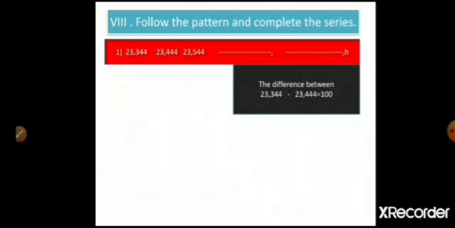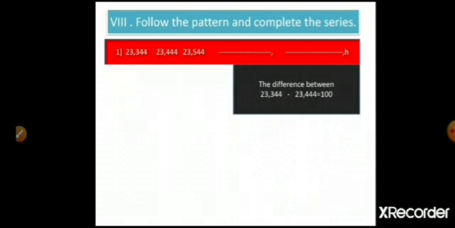The first number is 23,344. The second one is 23,444. First we do the subtraction. 23,444 minus 23,344. Then we get the difference.